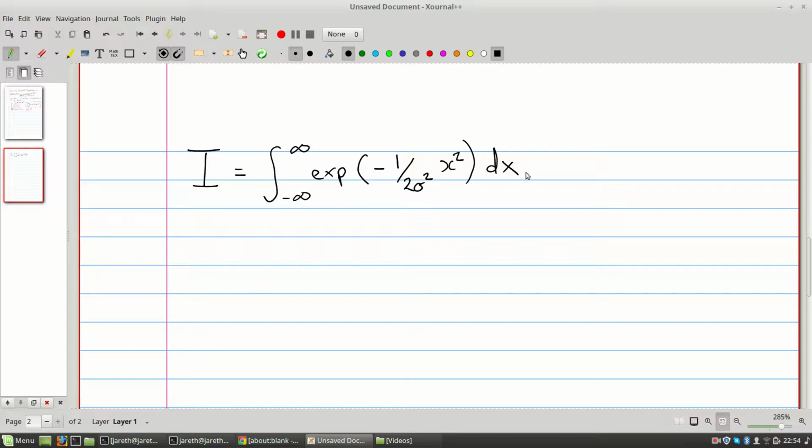So let us actually define what I squared is.